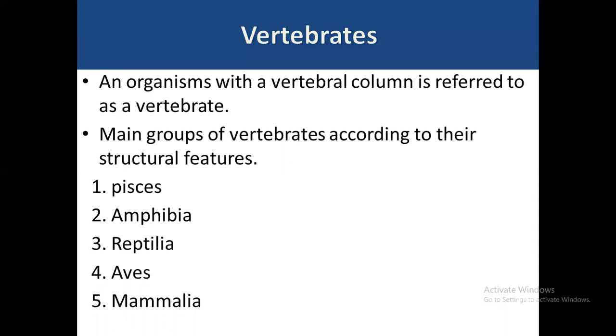Main groups of vertebrates according to their structural features: Pisces, Amphibia, Reptilia, Aves, Mammalia.